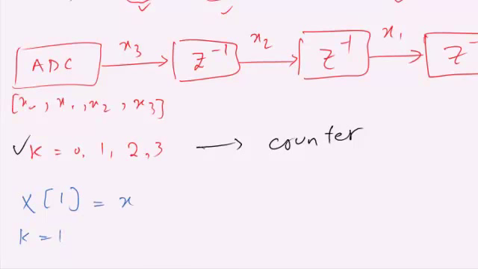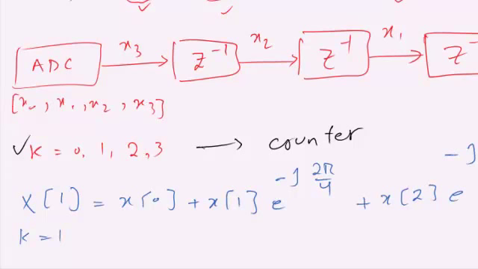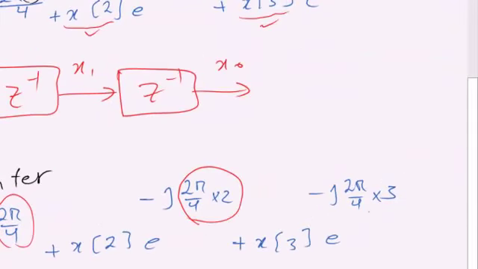So this gives me x0 plus x1 e to the minus j 2 pi over 4 plus x2 e to the minus j 2 pi times 2 over 4 plus x3 e to the minus j 2 pi times 3 over 4. As you can see here, there are coefficients at this point: 2 pi over 4, 4 pi over 4, and 6 pi over 4.